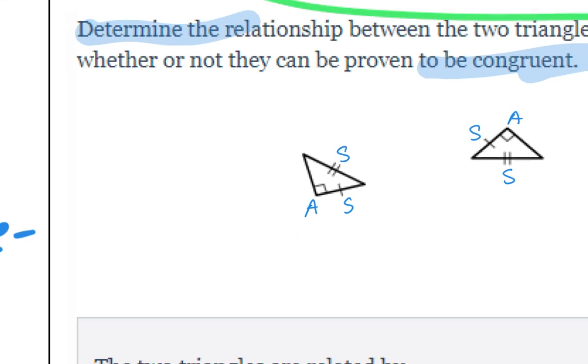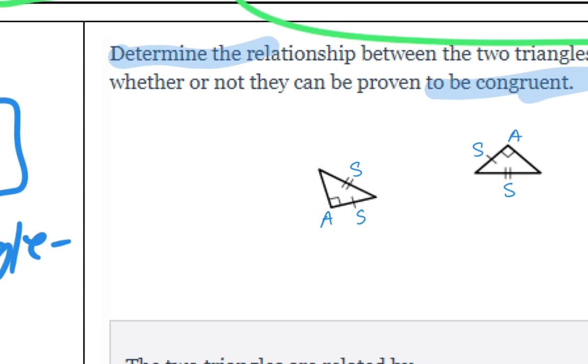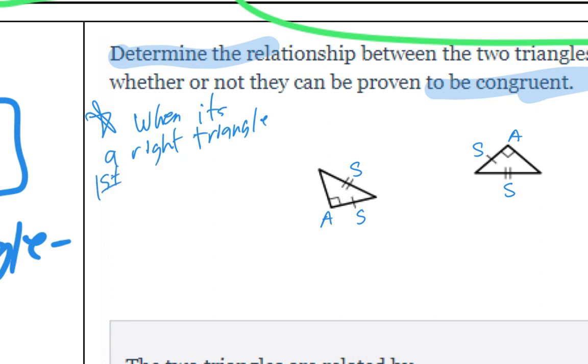Now here's the one thing. When it's a right triangle, first check if it's HL. Okay, so if it's a right triangle, we're going to first see if it's HL. HL stands for hypotenuse leg.